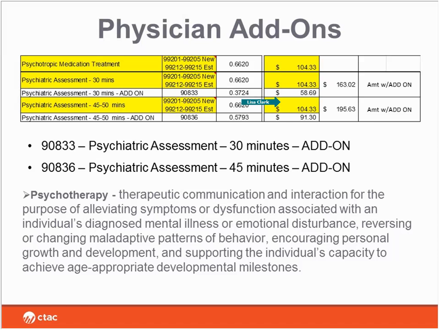If you are not using the psych assessment add-on codes, the 90833 if it's 30 minutes, and the 90836 if it's 45 minutes, again, you're leaving bags of money on the floor.